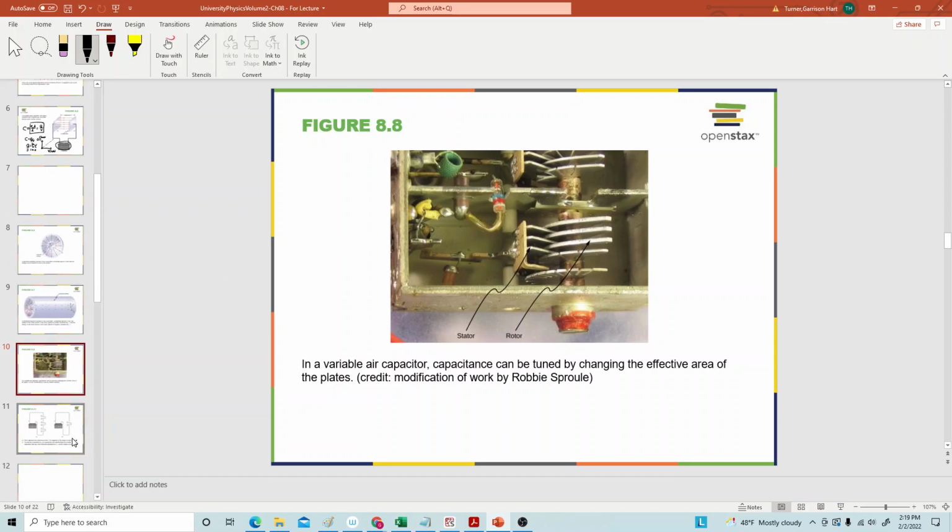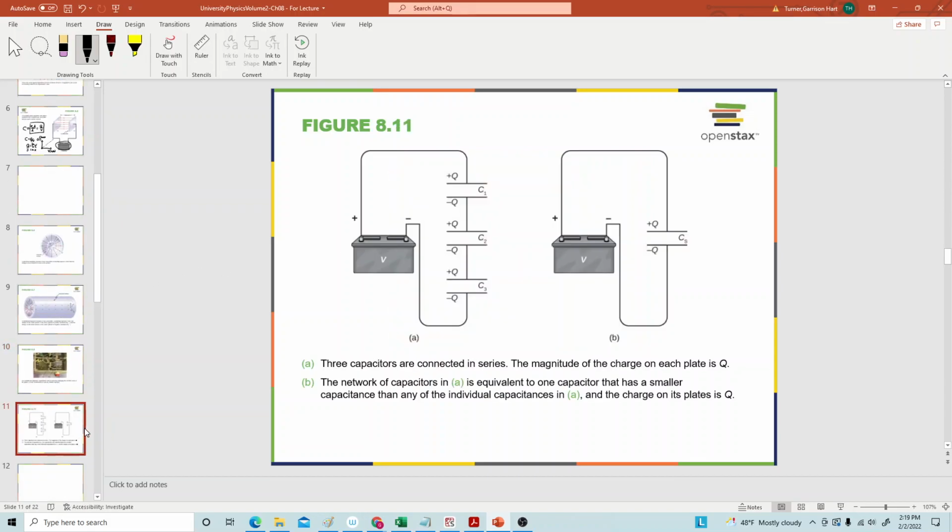Okay. Now, for the fun stuff: what happens when you put capacitors in series or parallel? First of all, we need to define these terms and also note that the circuit diagram symbol for a capacitor is most often just two parallel plates.